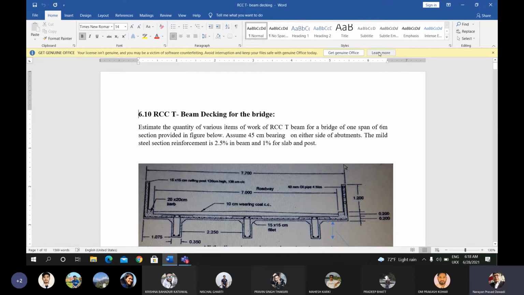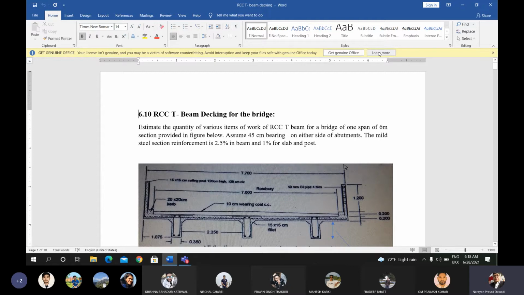The reinforcement bar provided for the beam is considered as 2.5% of the volume of the beam, whereas for the railing post and the slab, 1% of their volume is considered for calculating the reinforcement bar. We have to calculate the different quantities of items using this figure. Other data is given in the question.